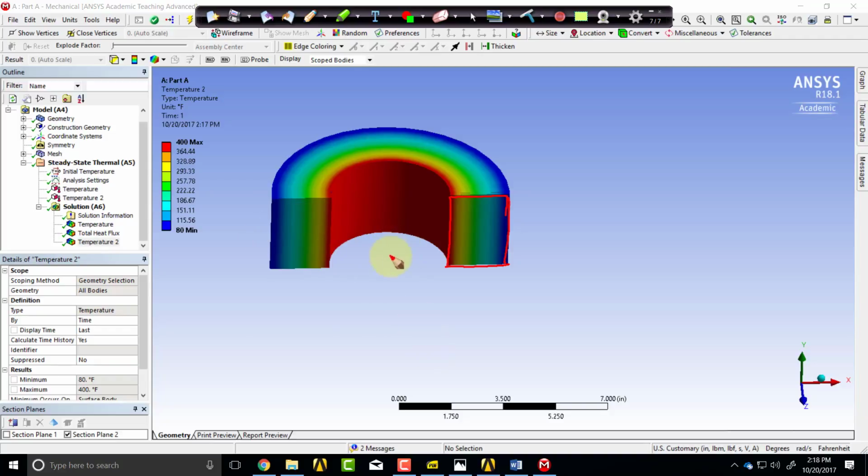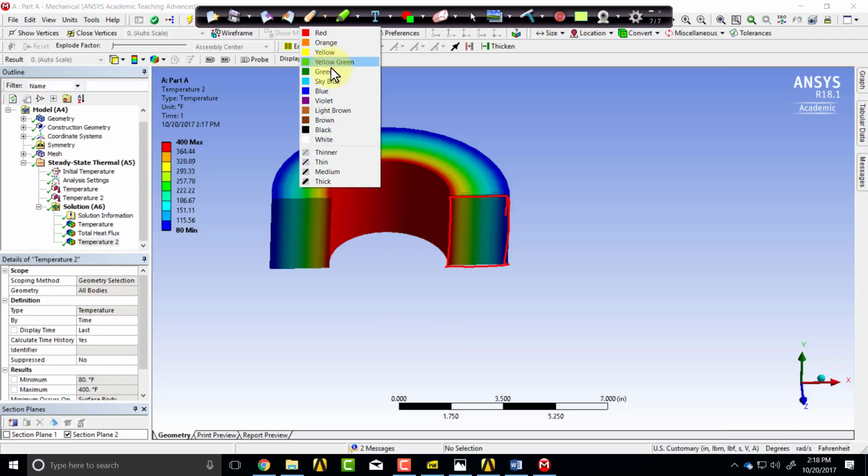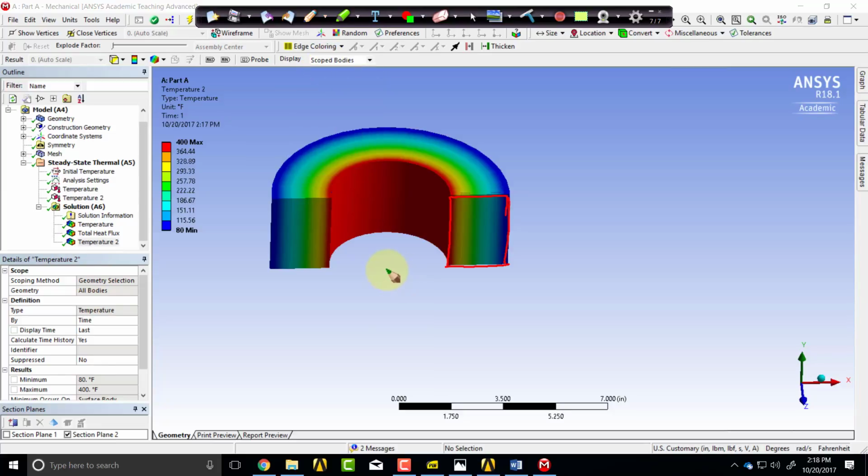And if I put in a cylindrical coordinate system, okay, let's say this is the origin, somewhere over here, and that's the radial direction, and that's the axial direction.